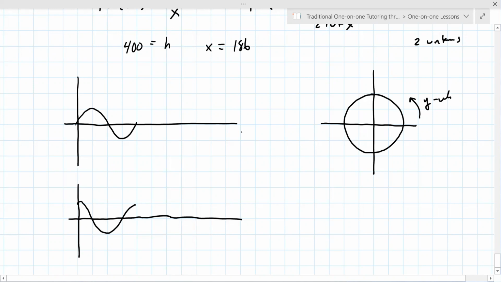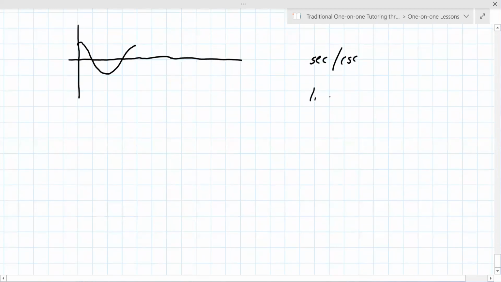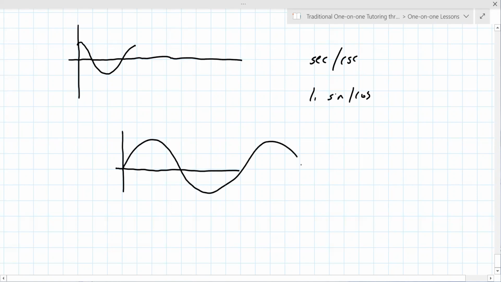Hopefully that's clear. Have you done any graphing of secants and cosecants yet? A little bit. Okay. It's like the same. You got to graph sine or cosine first, then you take from the top of the things. So let's just say our sine graph looks like this, not to scale.